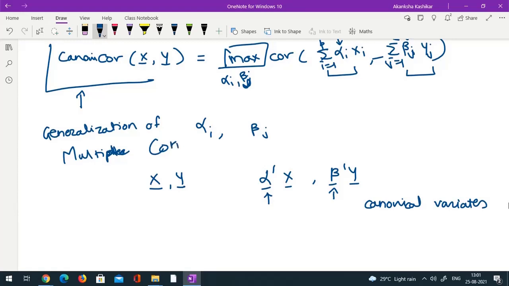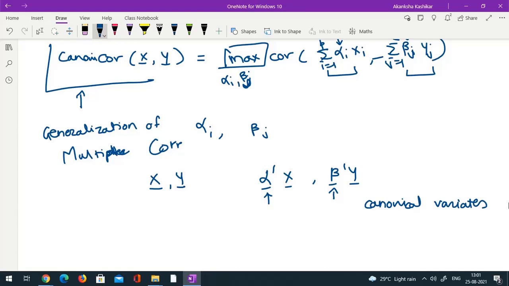There you used to have a single dependent variable and a group of independent variables. Now you will have a group of variables on either side, and you will try to compute the correlation between these two groups of variables. So we are going to do it via vector notation, and we will have many canonical correlations, not a single coefficient. How many will we have?